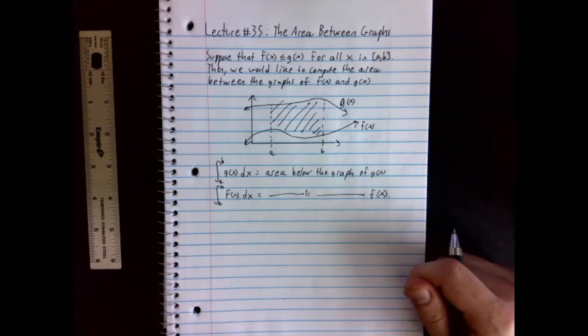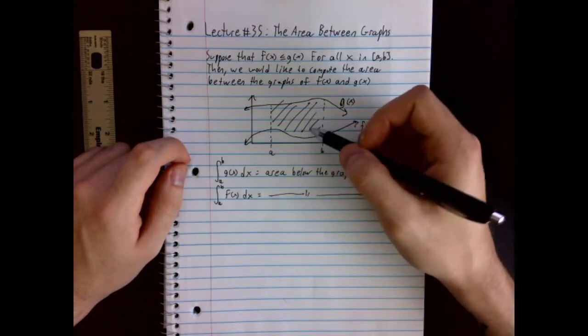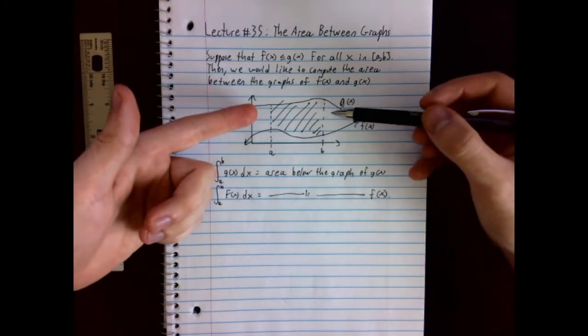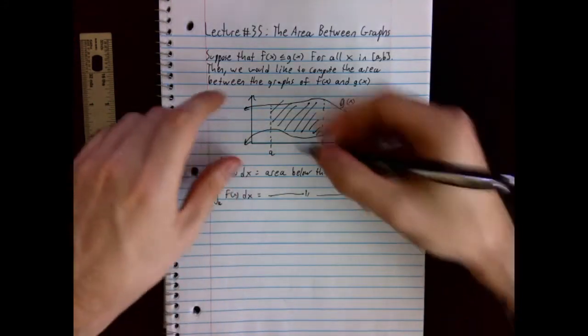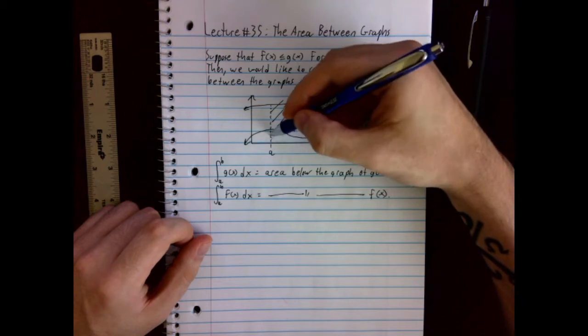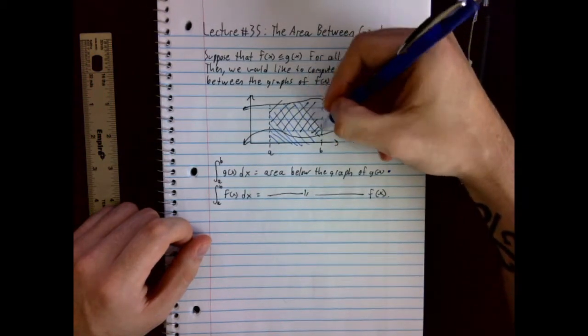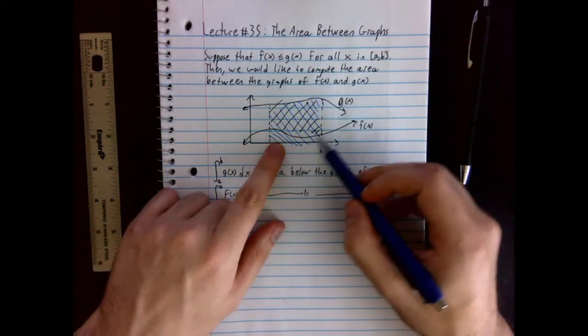And so if I'm interested in computing this black area here, notice that if I just took the area for g of x, which we'll do in blue, this would be the area for g of x. It's all of this underneath the graph, including this bottom part down here.